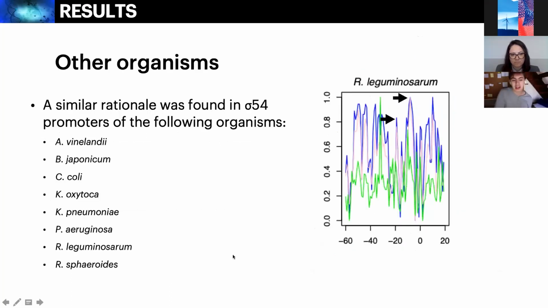Moreover, when we follow the same rationale to test other organisms with their sigma 54 promoters, we need to consider that there are no such studies on these organisms as we would have with E. coli, which is the most studied organism when talking about bacteria.